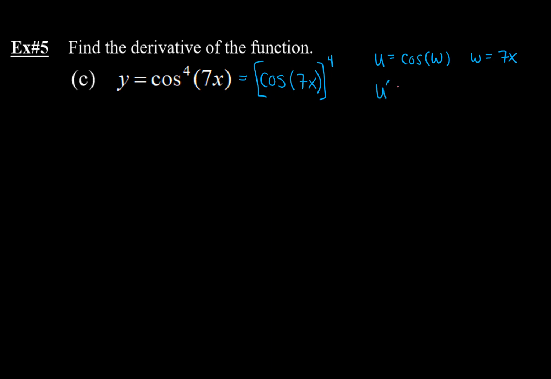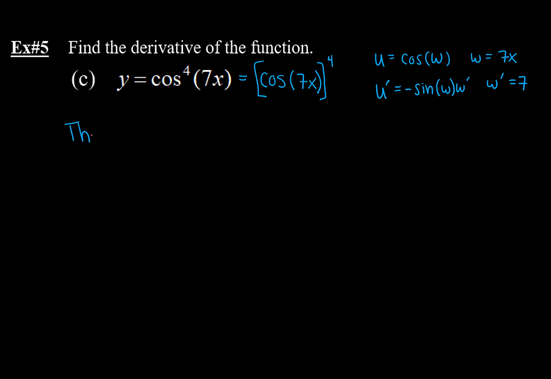And then I'm going to take u prime, or the derivative of u, with respect to x. And the derivative of cosine is the negative sine. But then I also have my w prime, because it's not just the sine of x. And then my w prime here, if w is 7x, my w prime is 7.